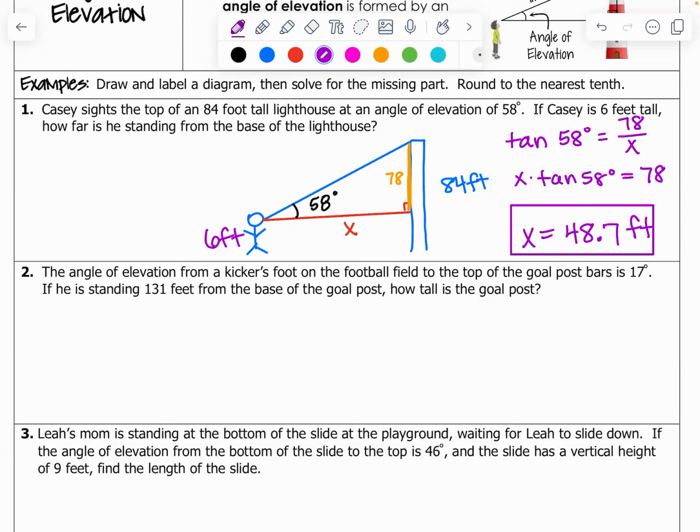Okay, draw me the picture for number 2. 17 degrees.